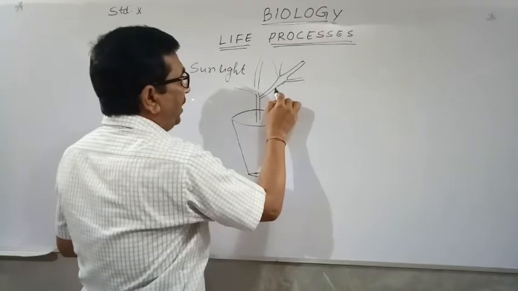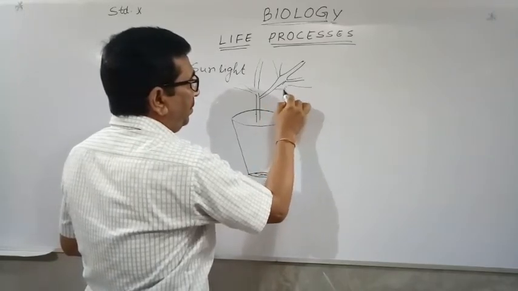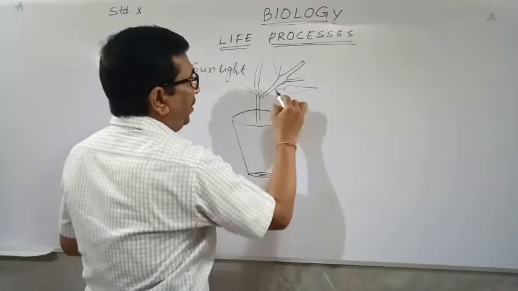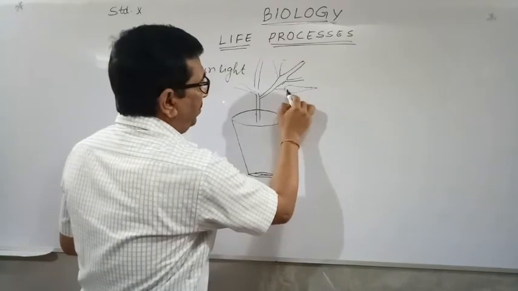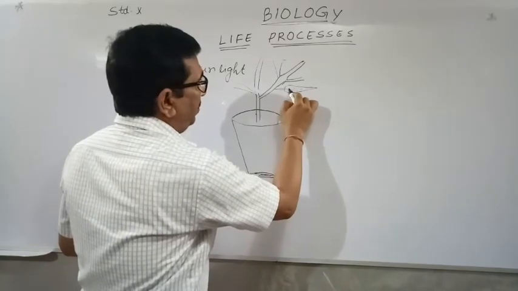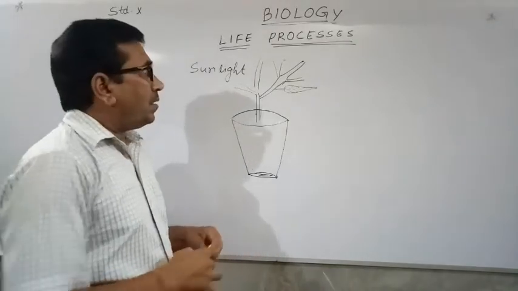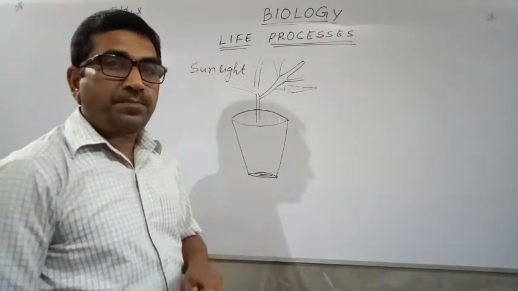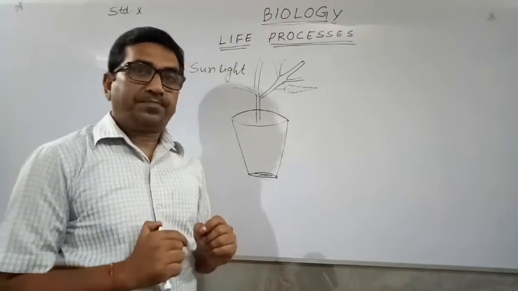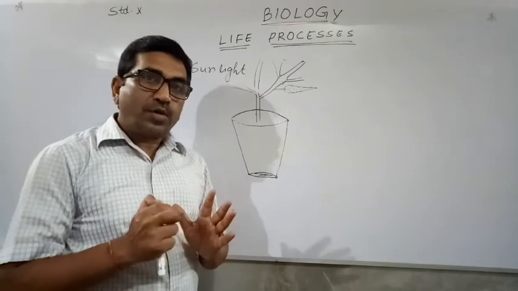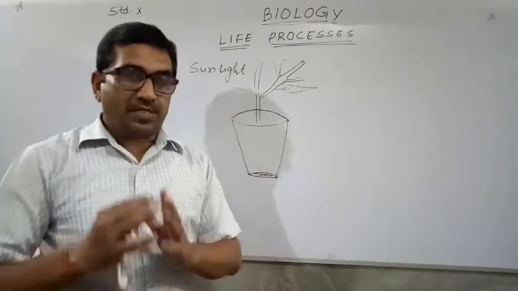Suppose we take a leaf, maybe many leaves. I have not drawn the leaf and other things. A long-leaf type plant is required, and potted plants, so that we can easily put them into the dark room as well as the sunlight.